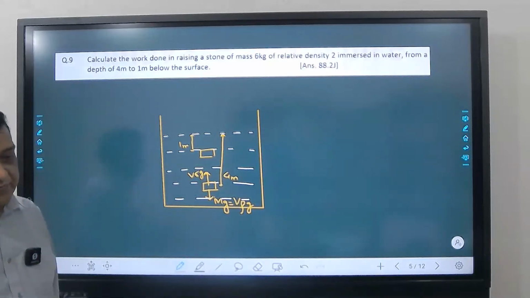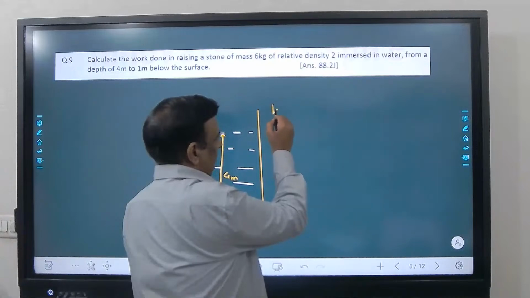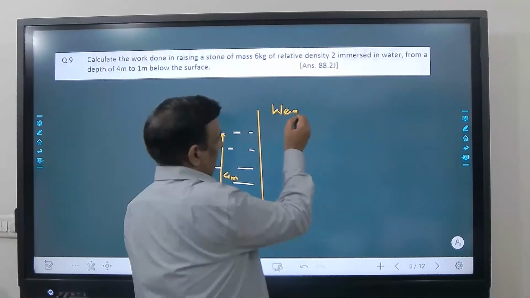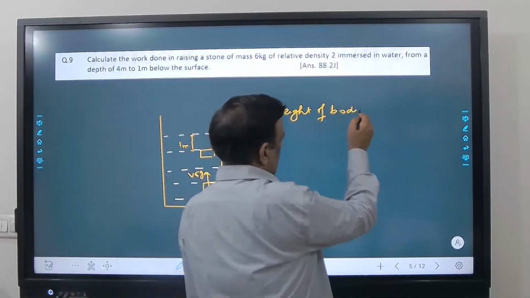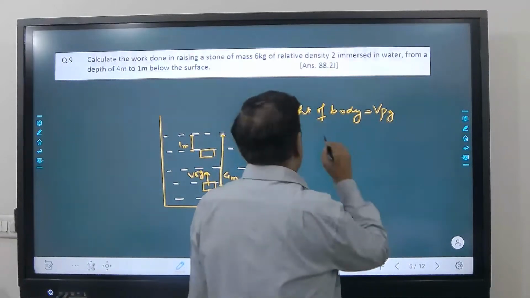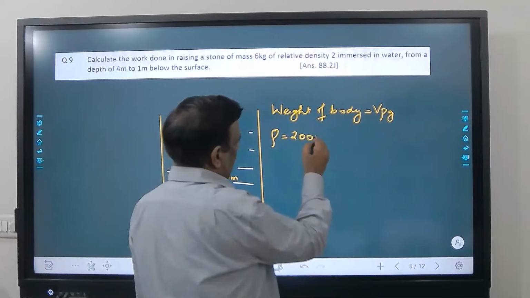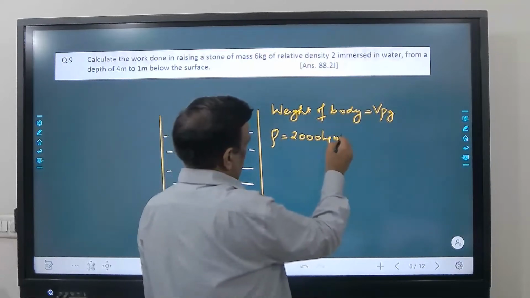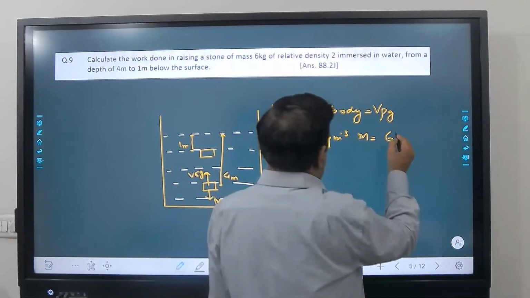V sigma g. हमें जो क्वेश्चन में गिवन है, रो हमें गिवन है इट्स 2000. Mass of the body given as 6 kg.